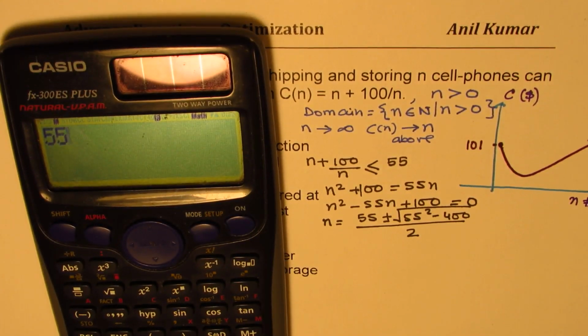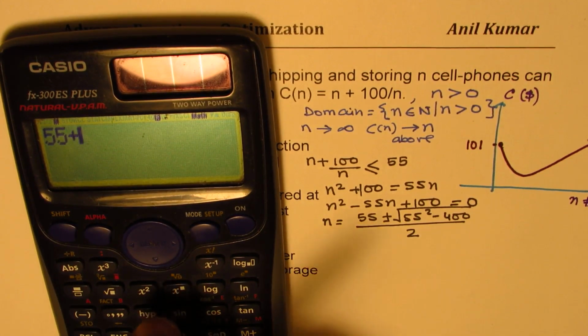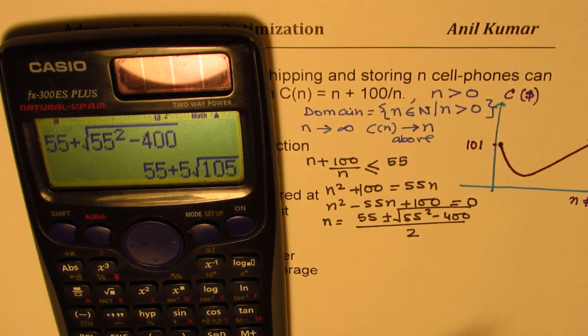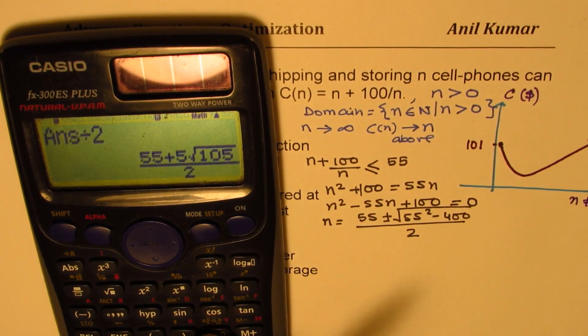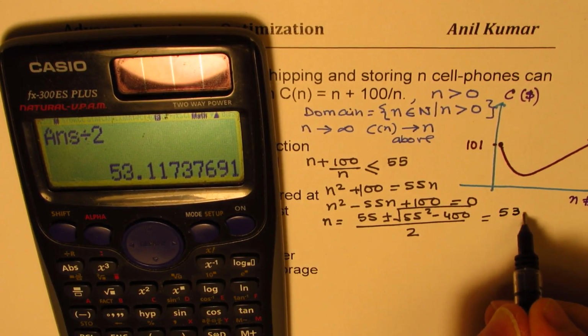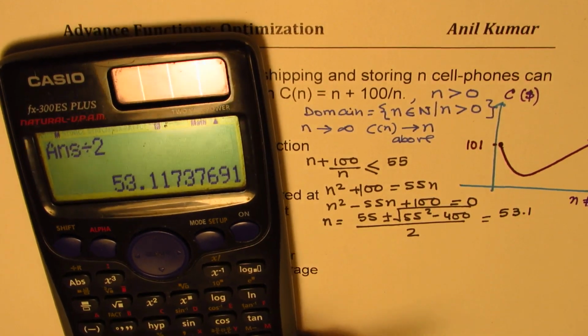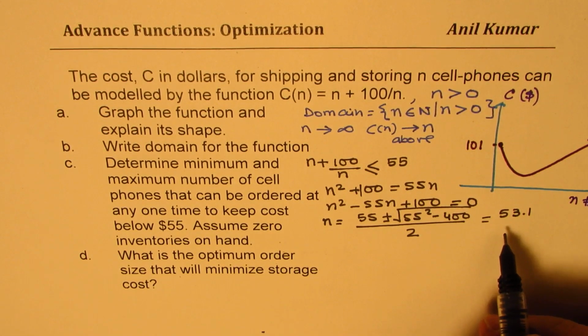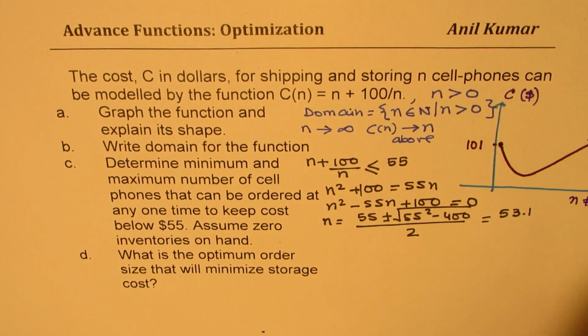So we have 55. We'll take the positive square root of 55 squared minus 400, and we're going to divide this by 2, and the decimal value here is equal to 53.1, right? So the maximum value of n can be 53.